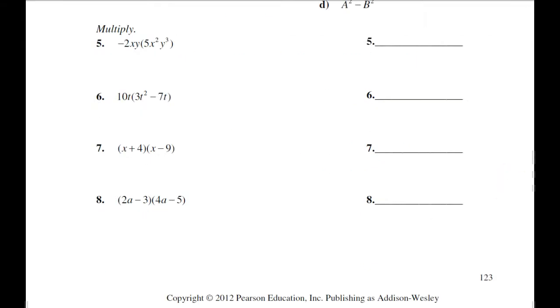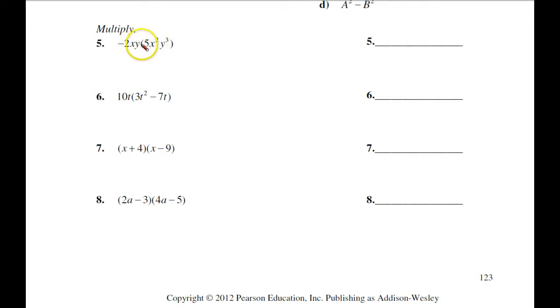Now, what we want to do here is to, again, go over techniques and strategy. So this is only one example, but you're going to use this for many. So here, this is negative, and in a sense, this is a monomial out here, and this is a monomial there. So you're multiplying a monomial by a monomial.